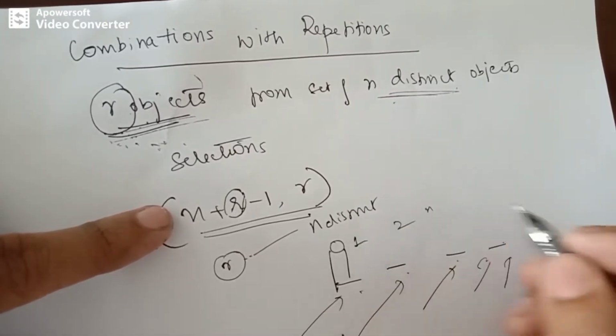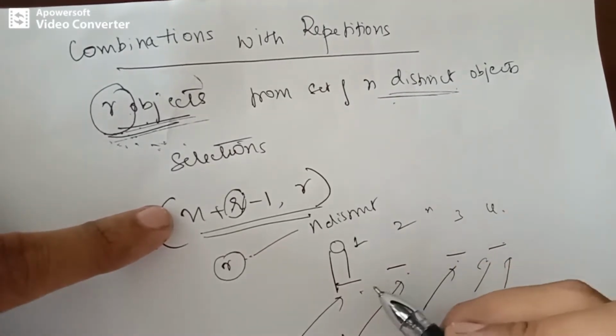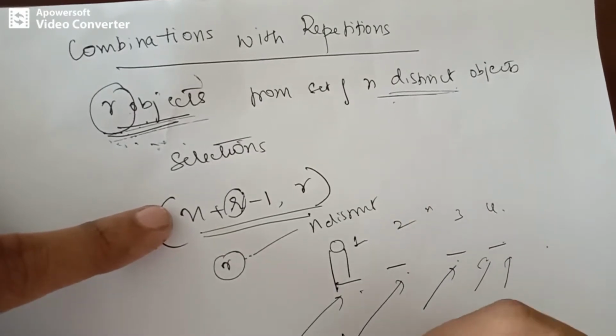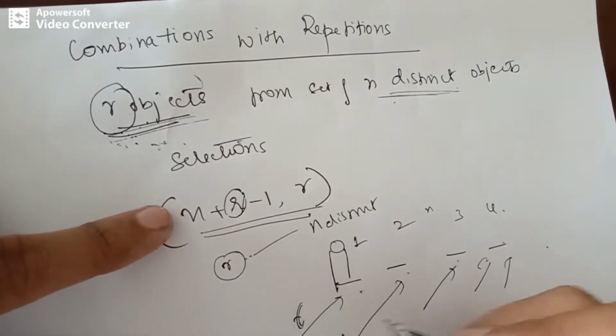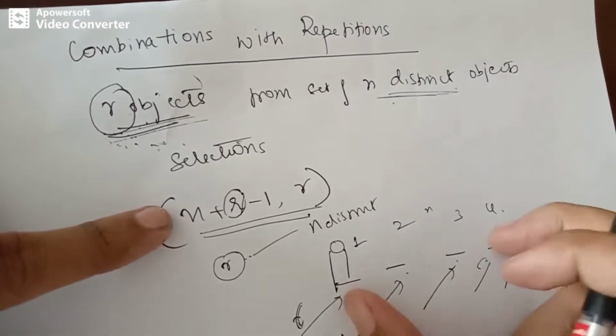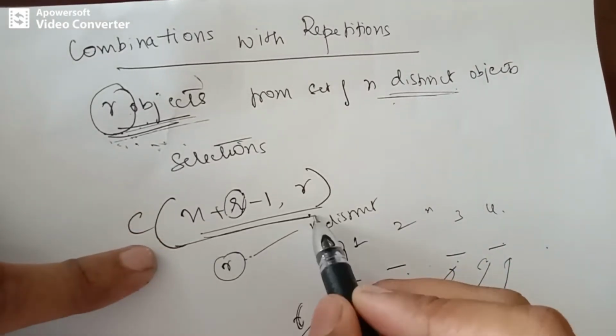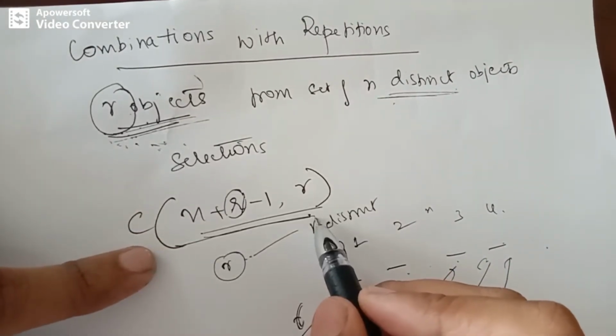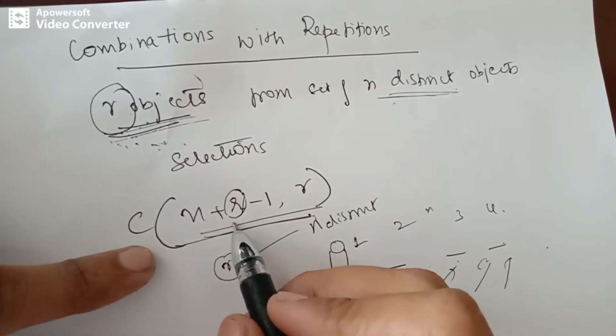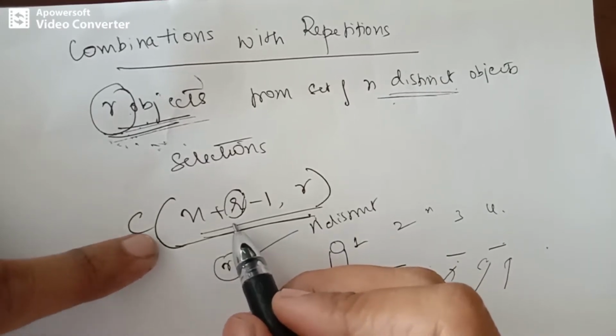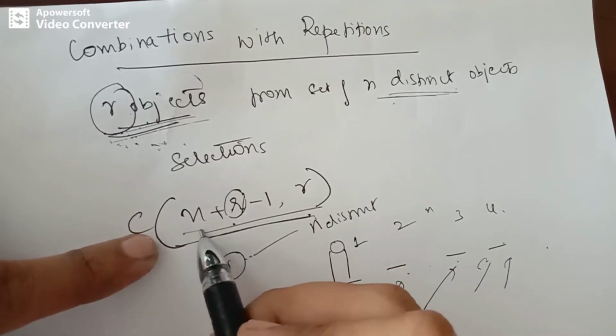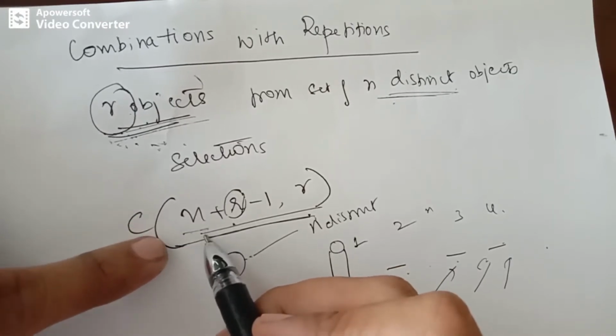Let's say there are 4 containers. So that is given by this formula, C of N plus R minus 1 comma R, where R is the chosen criteria, or we take R at a time from the N distinct objects, and here repetitions are allowed.